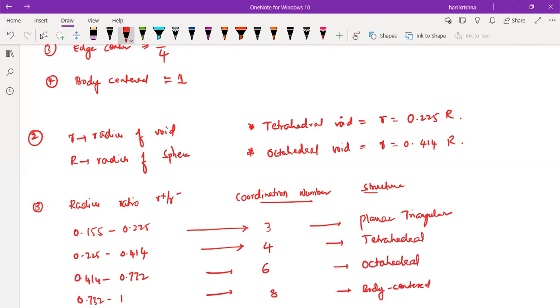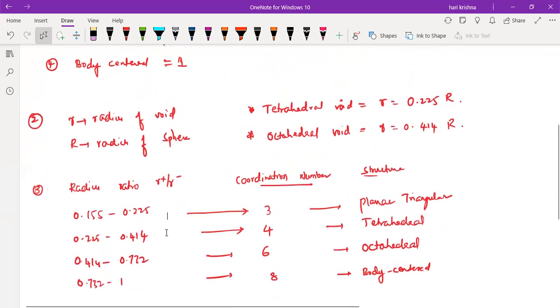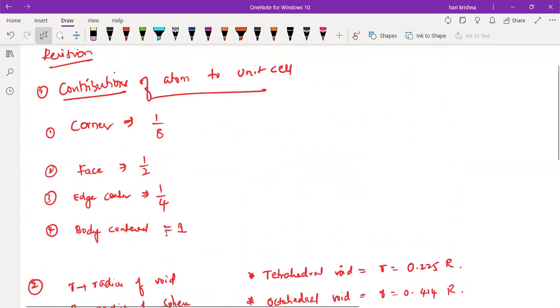Okay, these are the coordination numbers. So corner we have the contribution part 1/8, face we have 1/2, edge center we have 1/4, and body center we have the contribution part 1.